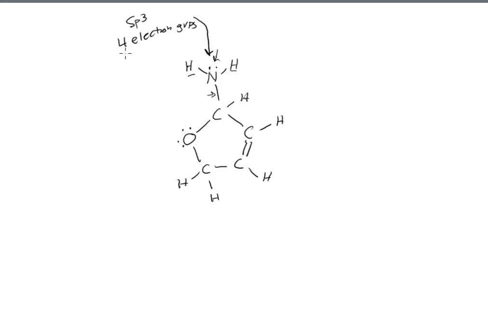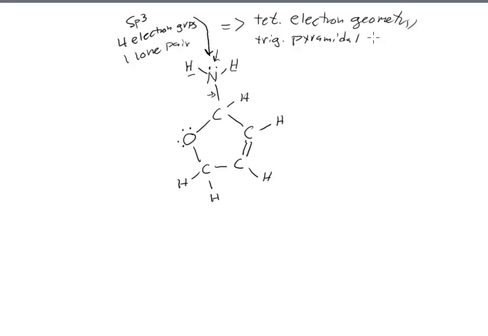That's 4 electron groups. 1 lone pair, and that means we have tetrahedral electron geometry, and trigonal pyramidal molecular geometry.